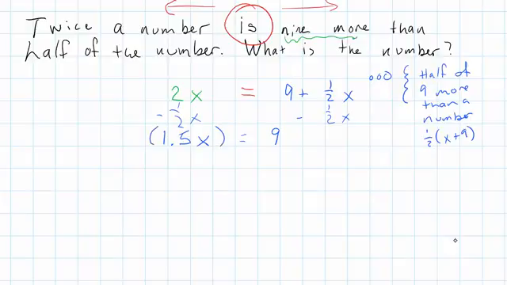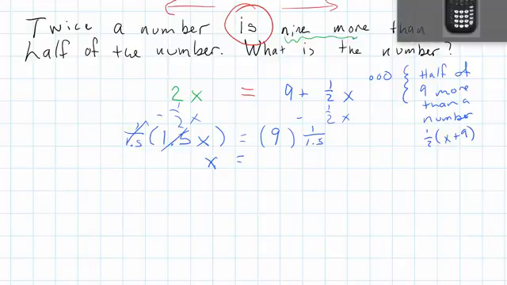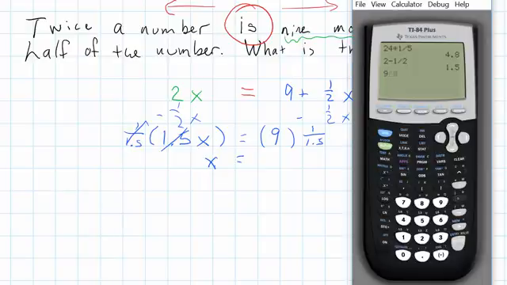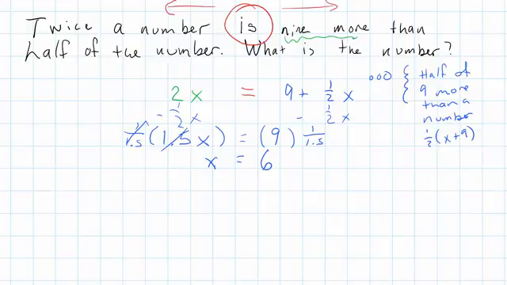I'm going to multiply both sides by 1 over 1.5. These cancel. I'm left with x equals 9 times 1 over 1.5 is 6. Right, the number is 6.